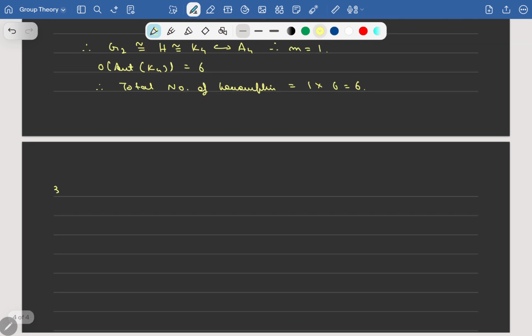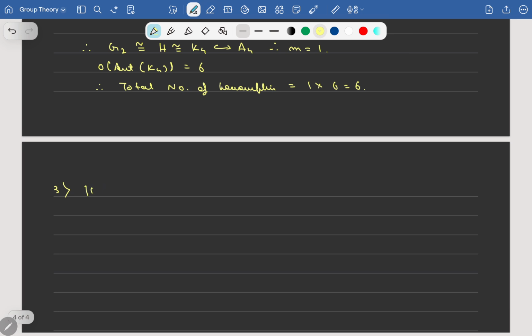Let's move on to case 3. So here you have G3, which was isomorphic to Z2. Now, in case of G3, you need to identify how many subgroups there are in A4.